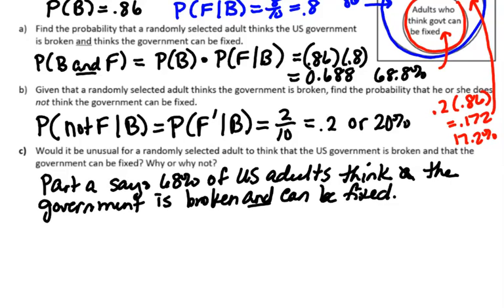Would that be unusual to find a randomly selected adult that believed that? No, 68% is a fairly high percentage. So it would not be unusual to find an adult in that category.